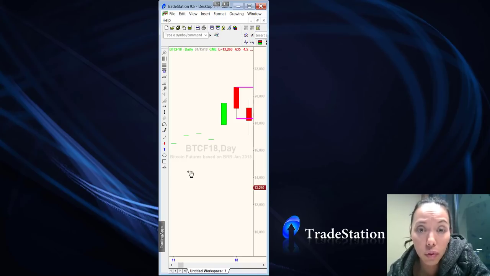But people have different reasons for trading the futures. You just want to be exposed to the Bitcoin prices and volatility without having to own any physical Bitcoin. It's a cash settled contract, and you're just speculating on the future price of Bitcoin, buying or selling it today based upon what you think it'll be in the future.